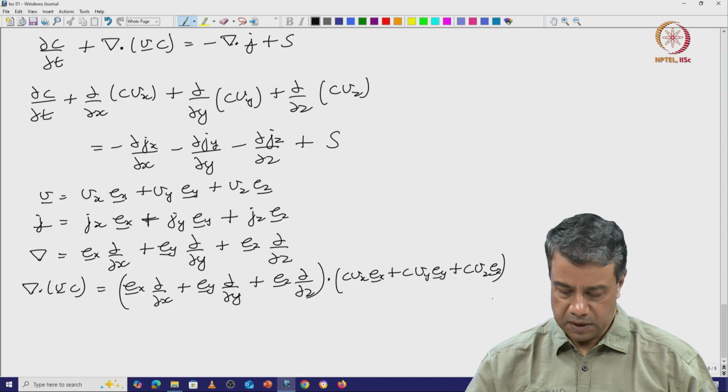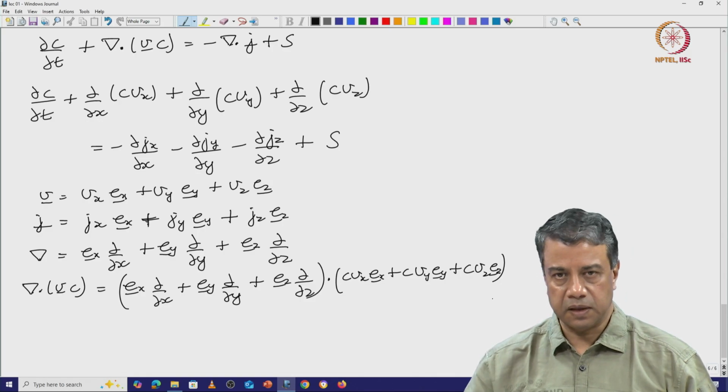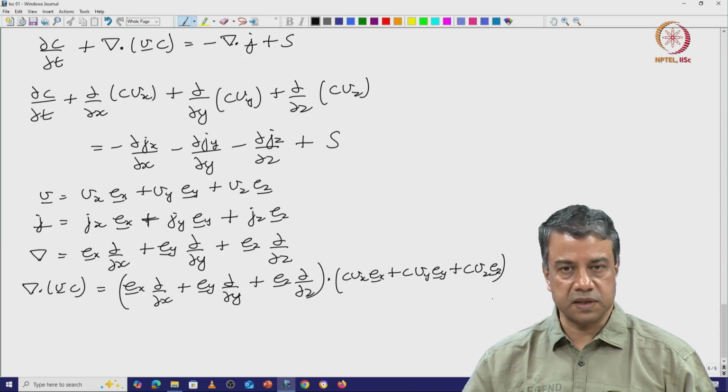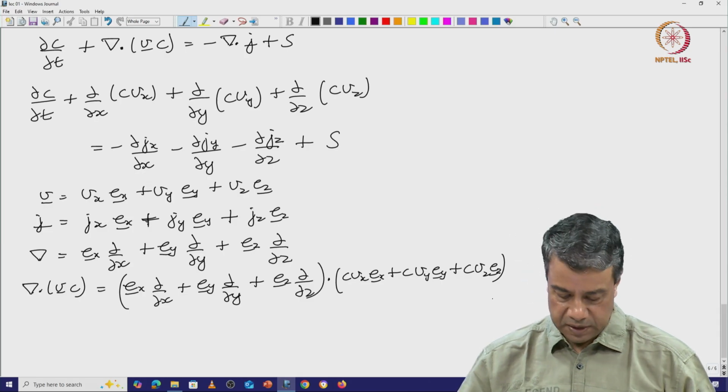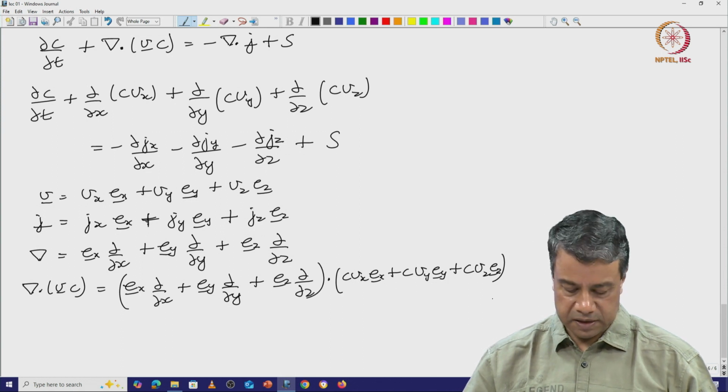Dot product of Ex dot Ex is 1, Ex dot Ey is 0, Ex dot Ez is 0 and so on. Also note that Ex, Ey and Ez are independent of x, y and z. They are the same at all positions in space. Therefore, when the derivative acts on Ex, Ey and Ez, you basically get 0.